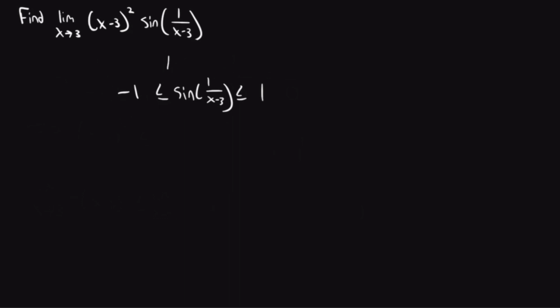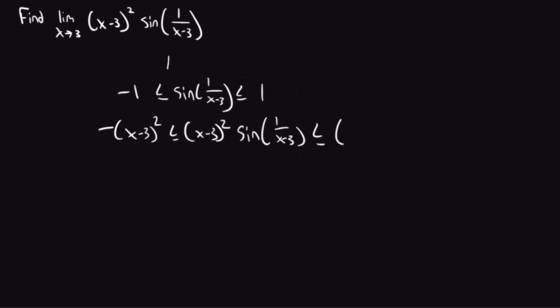Again, just manipulate the inequality until you have your limit. What we need to do now is multiply by (x minus 3) squared. So we'll have negative (x minus 3) squared is less than or equal to (x minus 3) squared times sine of 1 over (x minus 3), which is less than or equal to (x minus 3) squared.